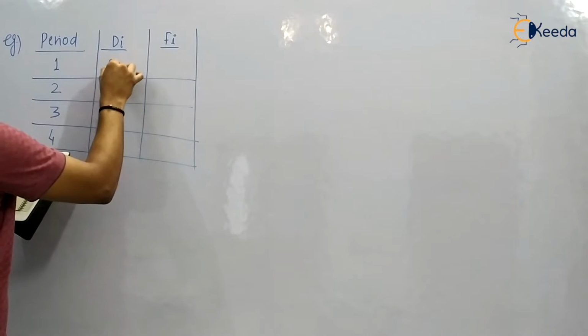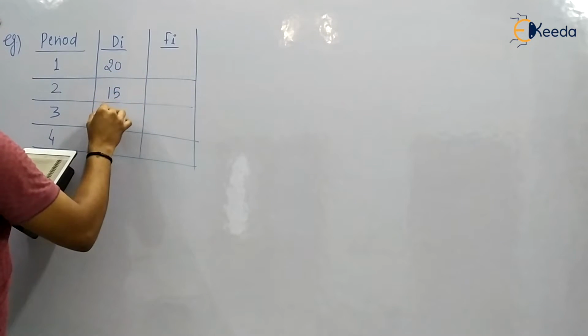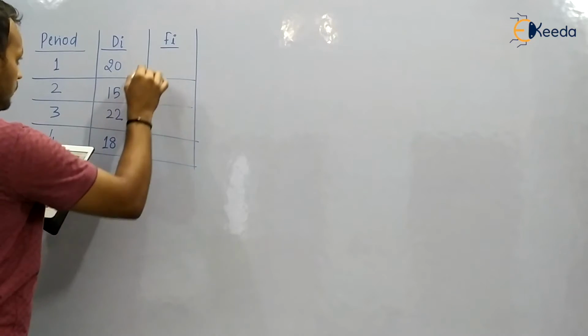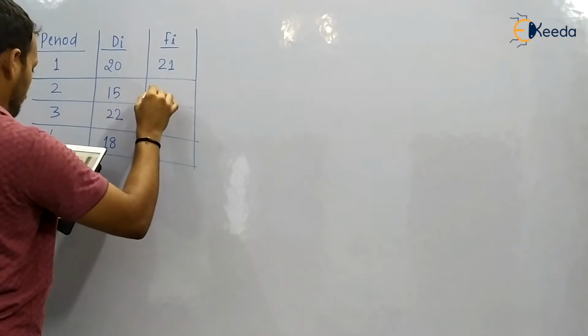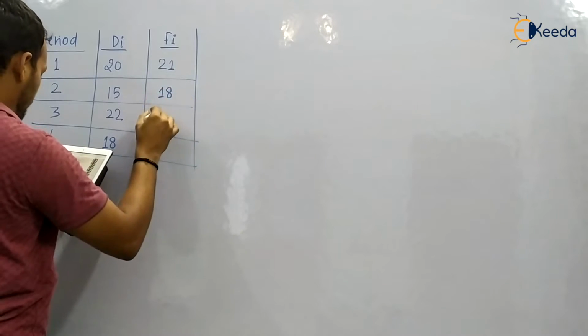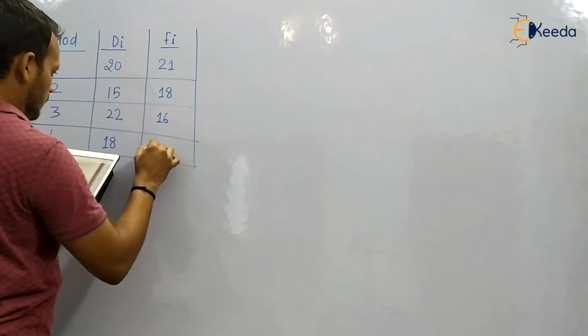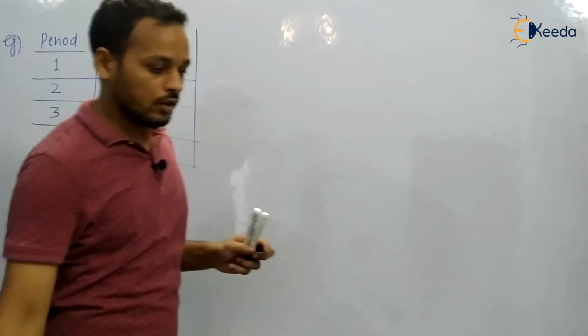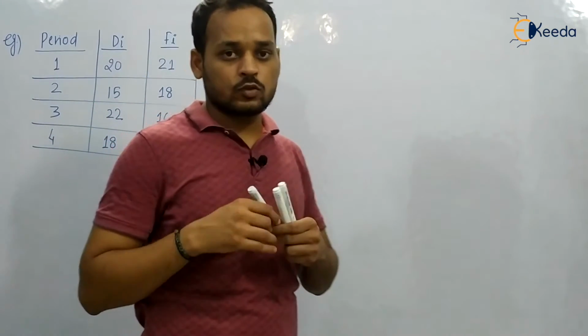Demand: 20, 15, 22 and 18. Forecast: 21, 18, 16 and 14. So this is the question.